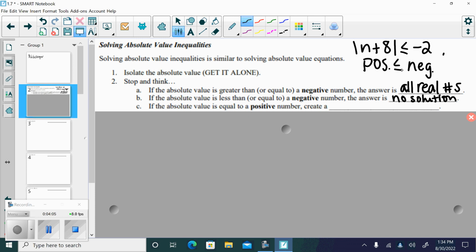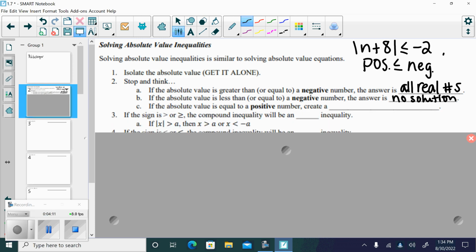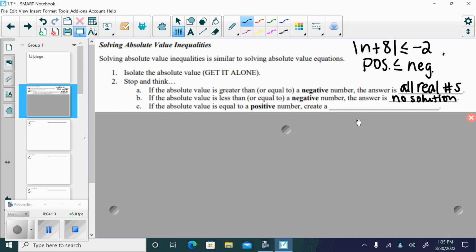Okay? If the absolute value is equal to a positive, then just like before, create two equations.